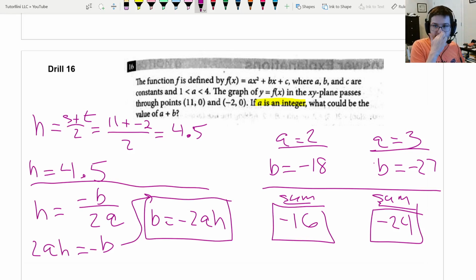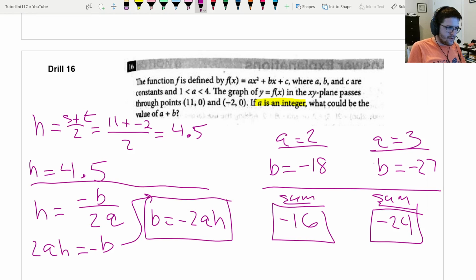So do you guys see, knowing the equations to find the vertex is actually surprisingly important on the DSAT. And sometimes you might even have to rearrange them a little bit. You certainly didn't have to rearrange them, but I think getting b by itself first made the rest of the problem a lot easier. That's just what I think personally.